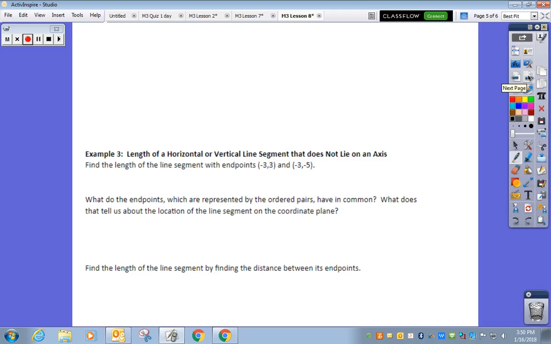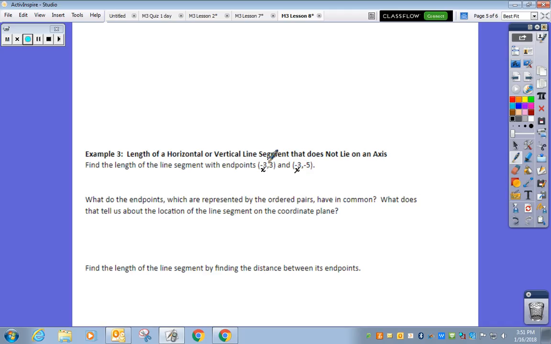Okay, so now we're going to look at ones that don't lie on the axis. So again, I'm just going to do the shortcut method with you. And then we're going to go back a little bit and talk about whether they're horizontal or vertical lines that would connect the two. So I'm looking at these 2 points, (-3, 3) and (-3, -5). They both have a negative 3 in the x coordinate.